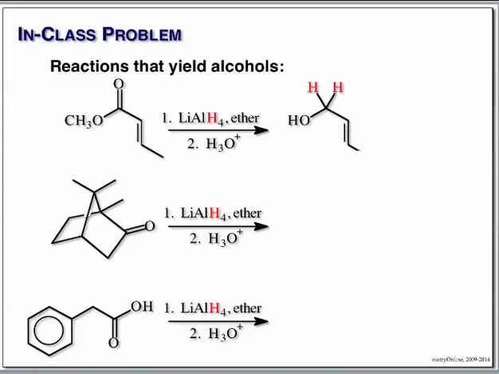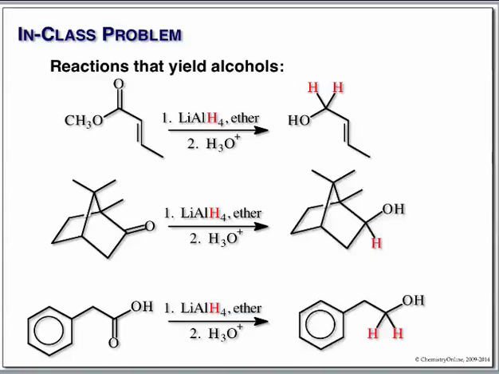We can reduce ketones. If we reduce the ketone here, all we're going to do is convert this to the alcohol. I believe this is called borneol, a natural product. And if we take phenylacetic acid, again in the presence of lithal, we're going to reduce our carbonyl twice. Going to add 2 moles, just like we did with an ester.